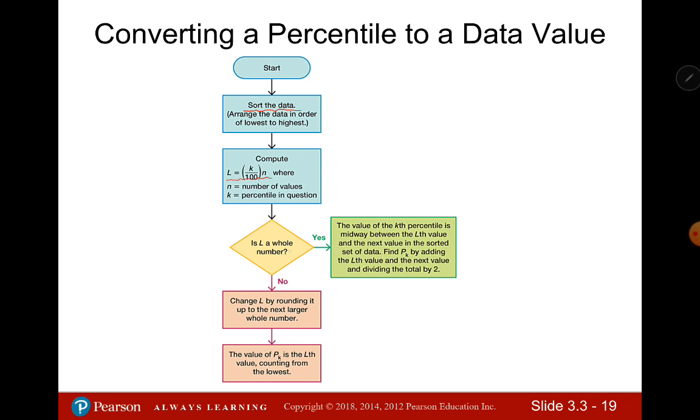So if it's a whole number, we need to check two numbers, then get the mean of these two numbers. But if it's not a whole number, it's a decimal, we only need to check the next larger whole number.